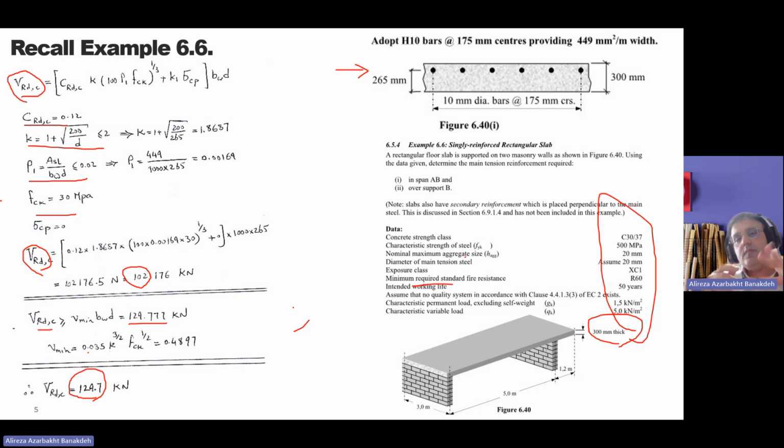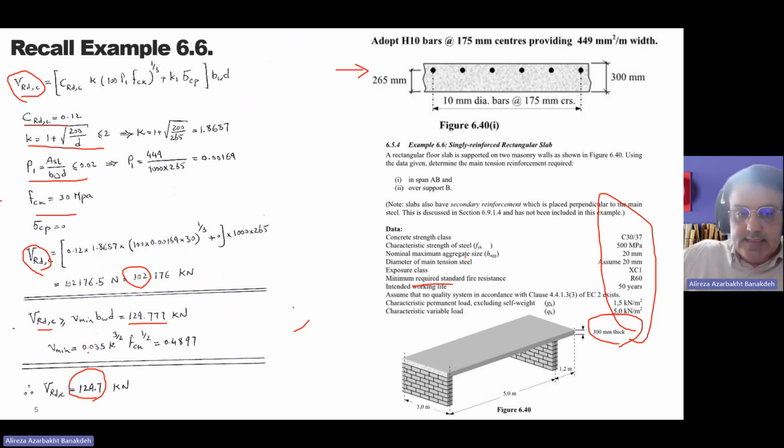So if from ETABS or whatever analysis you're using, in a 1 meter slab, you have shear forces less than 129 kilonewton, it means that you don't need the shear design.